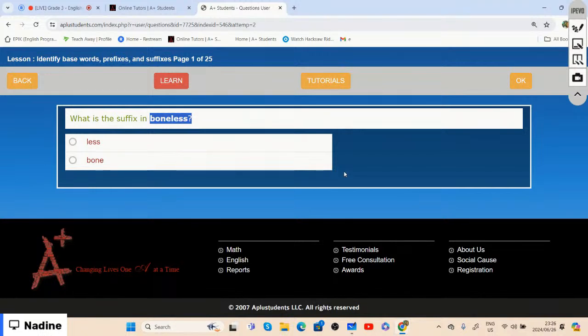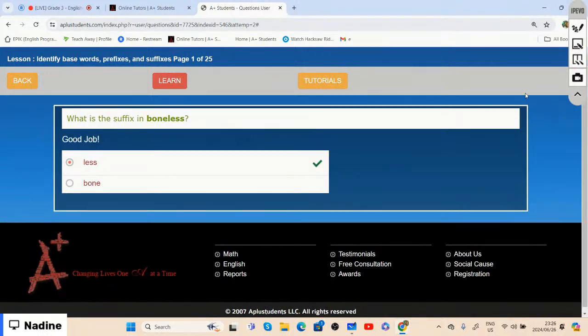All right, so if we were to identify our suffix, then yes, we will go with option one, which is less. Well done, right?